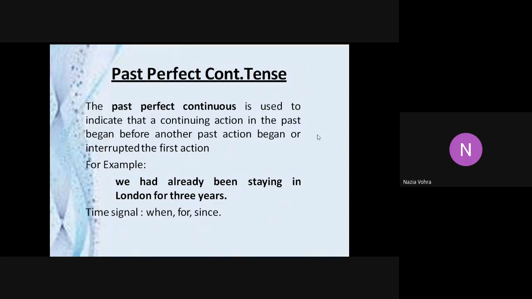So why would I make such a complicated sentence? If someone asks me, how long have you been staying in London? I would always say I had stayed in London for 3 years. So most of the time we do not use a perfect continuous tense, but this is only for our knowledge, that we should know in case something has been asked.